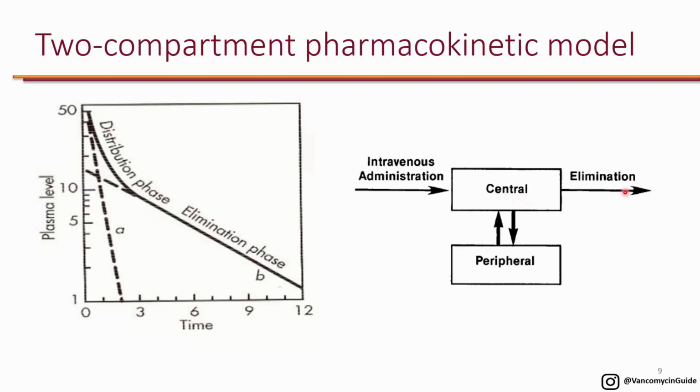However, because it's also penetrating into the peripheral tissue, there is also the distribution phase. So when you give vancomycin initially, the peak will be very high, and then during the distribution phase, the levels drop very quickly, and then it kind of slows down during the elimination phase. This becomes extremely important when we decide when to get our levels. So we want to avoid getting a level in the distribution phase, which typically takes about 2 hours.